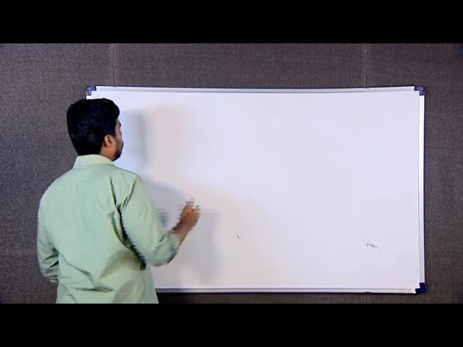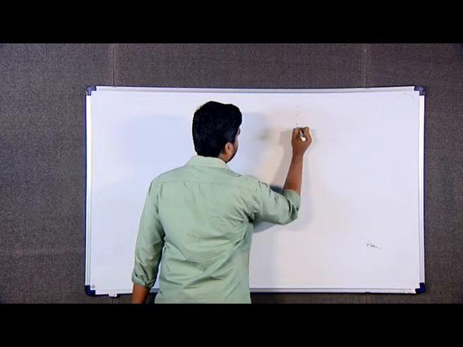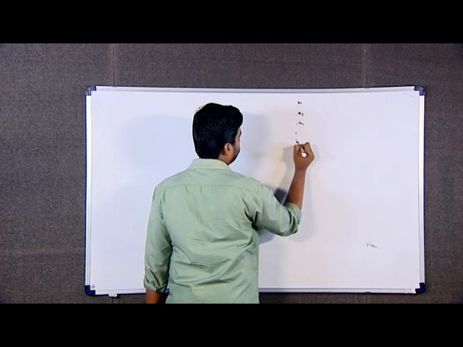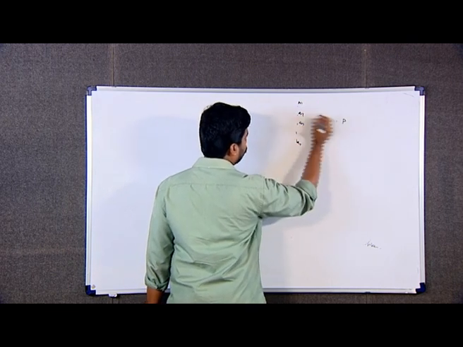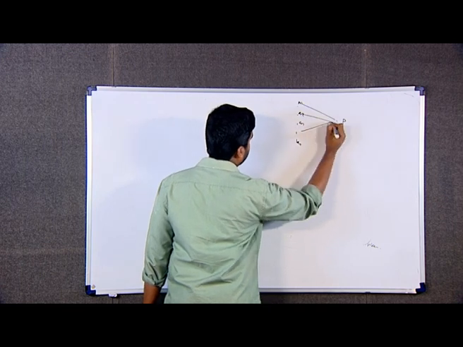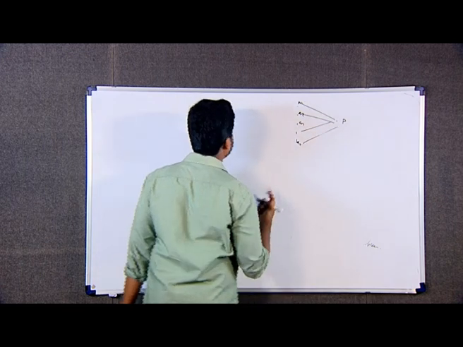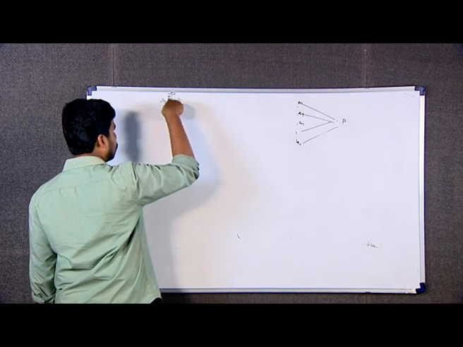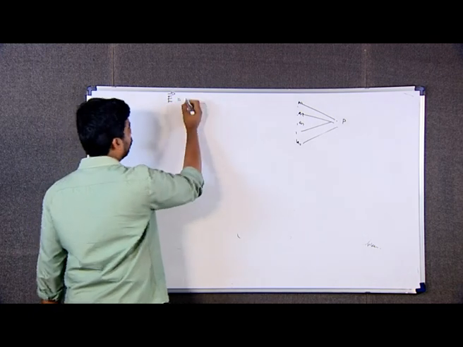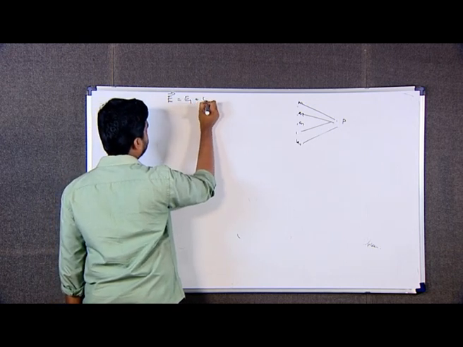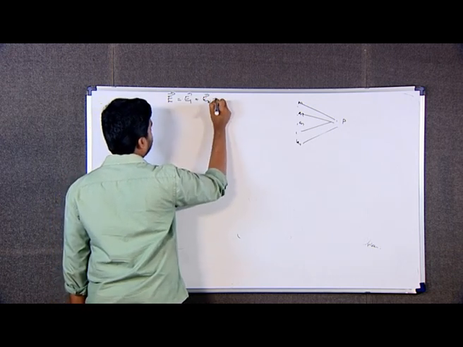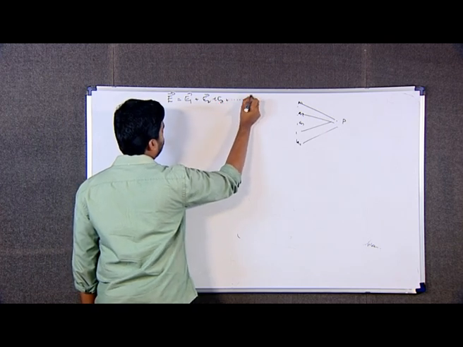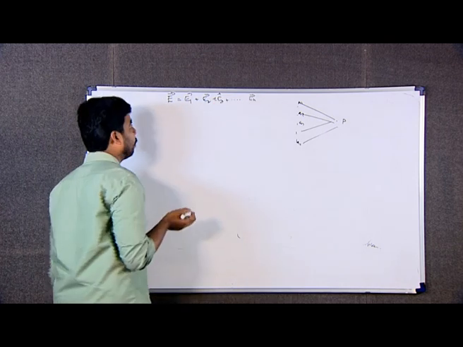If there are n number of charges q1, q2, q3 and up to qn, and I want to find out what is the potential at this point P, I should consider the electric field produced by the charges. We know that since this field is a vector field, I can add E is equal to E1 plus E2 plus E3 up to En.